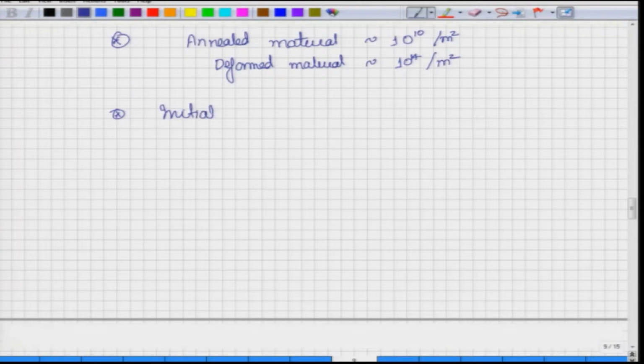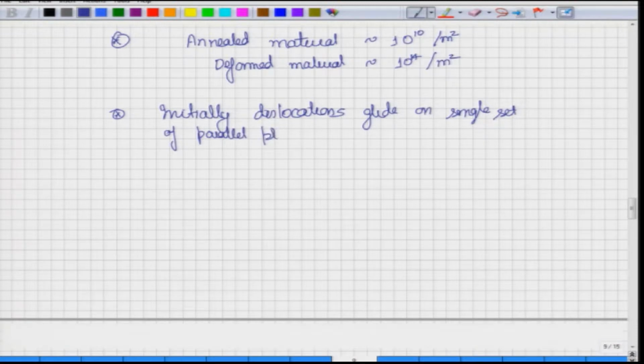So, initially dislocations glide on a single set of parallel planes. And when you increase the stress, then the critical resolved shear stress of more than one plane is achieved, and so more than one plane can get activated.